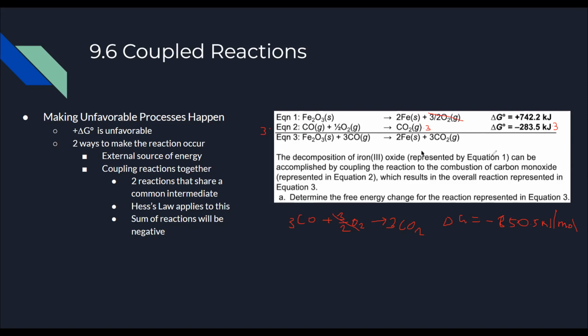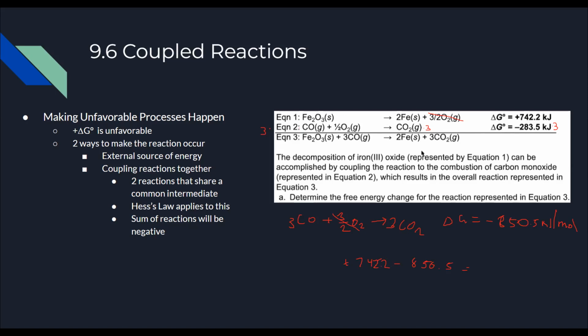So you then have to add up the delta G values. So plus 742.2 minus 850.5, and you can use a calculator.